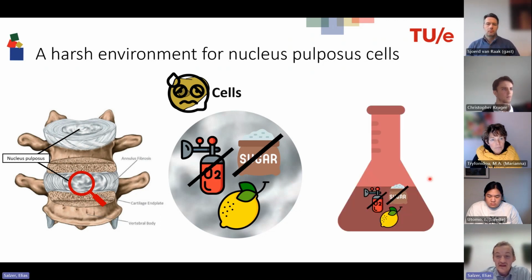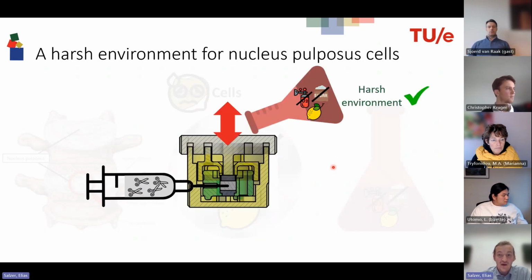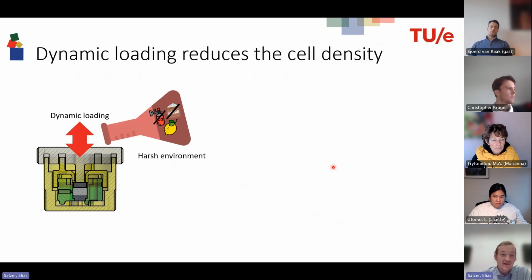We can mimic this by changing the parameters of the nutritious medium that we add to the culture. So we did that so we can mimic this harsh environment that is found in the intervertebral disc, and we did this in combination with dynamic loading. So we had our nucleus pulposus tissue that was healthy. We dynamically loaded it, and we mimicked this very harsh microenvironment.